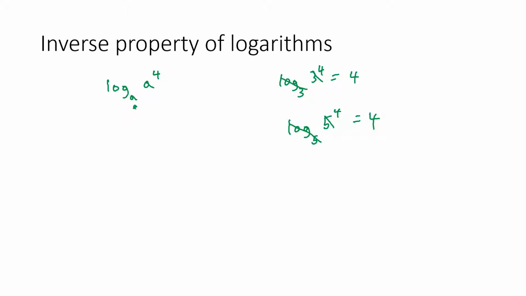So notice that we have the same base here as we do here. So that tells us that these are going to eliminate, and we just have 4 as our answer. So that basically is the inverse property of logarithms, that to evaluate a log, sometimes it's important to think about how you would express the answer part of it to the same base.